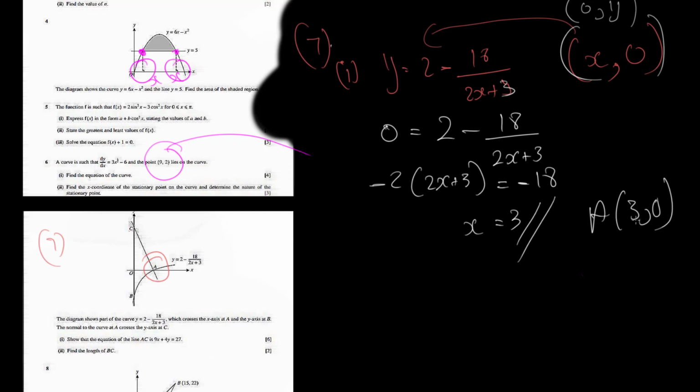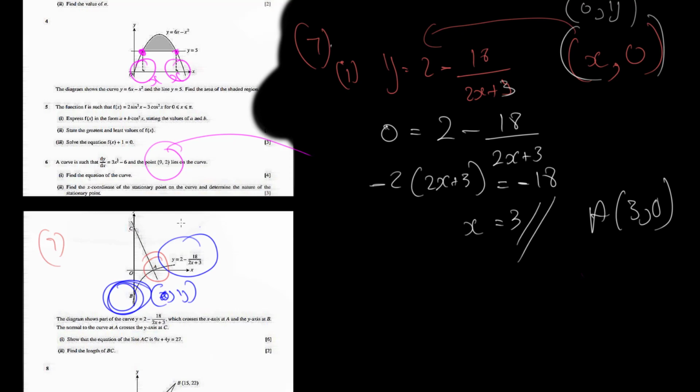So to find the equation of the line AC, you have the coordinates of A, but we don't have the coordinates for C. But we can find the coordinates for C by finding the coordinates at the point where x is equal to 0 for the equation.